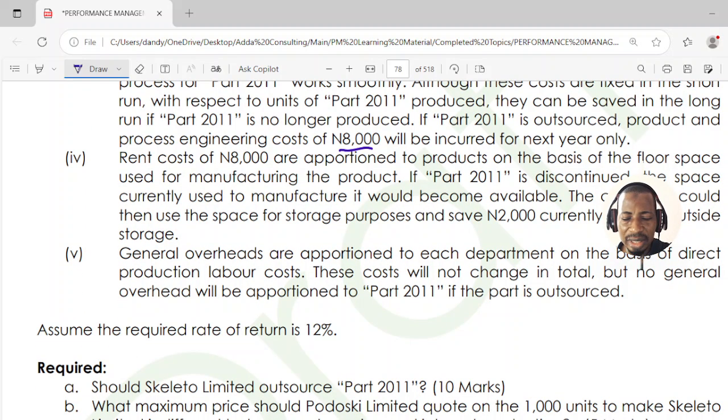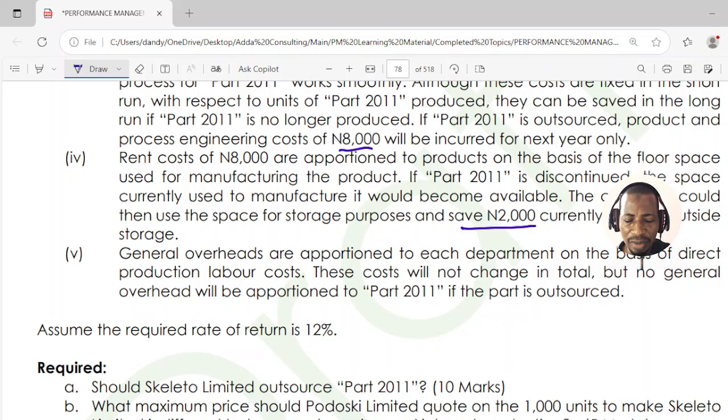Rent cost of 8,000 naira is apportioned to products on the basis of floor space used for manufacturing the product. If Part 2011 is discontinued, the space currently used to manufacture it could become available. The company could then use the space for storage purposes and save 2,000 naira currently paid to outside storage.